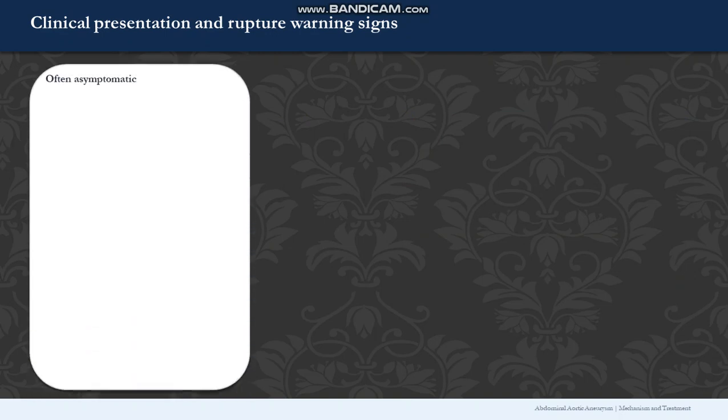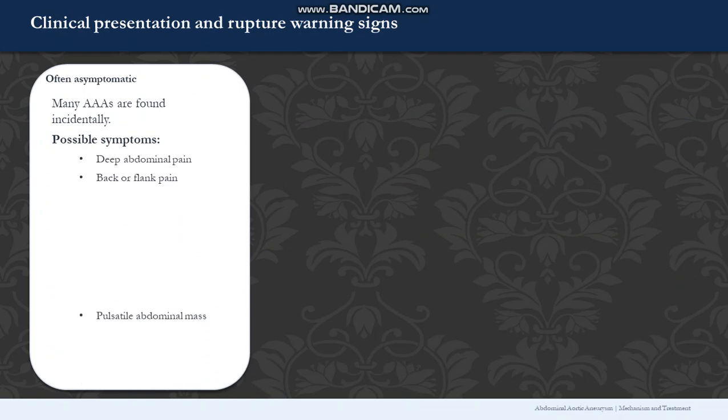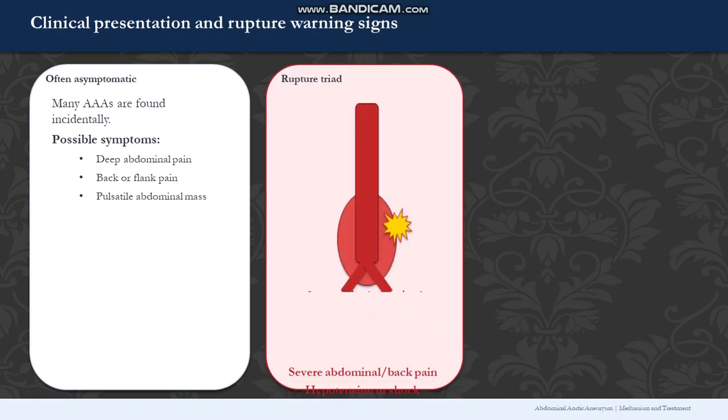Clinical presentation, rupture warning: possible symptoms are deep abdominal pain, back or flank pain, pulsatile abdominal mass, severe abdominal and back pain, hypotension or shock, due to the dilation or rupturing of the aorta.